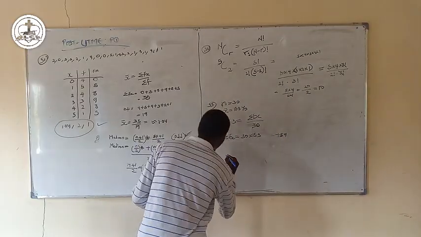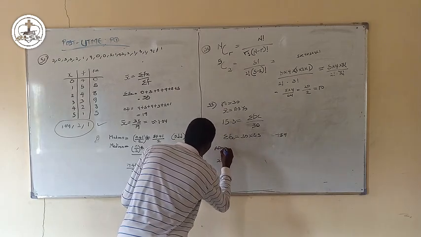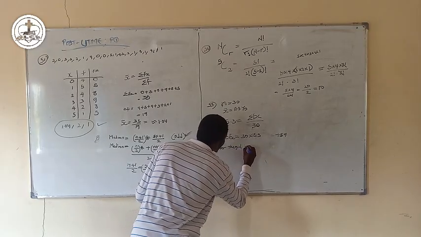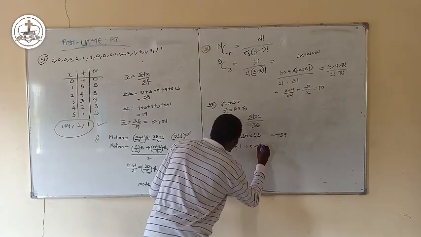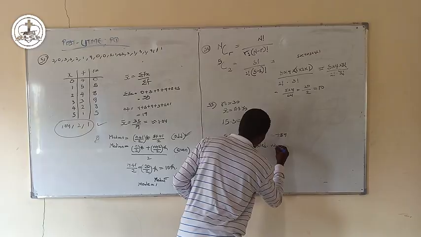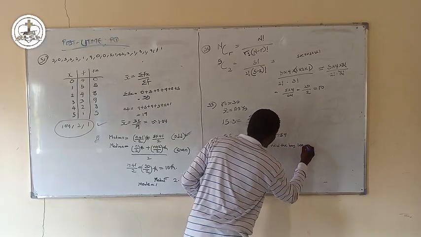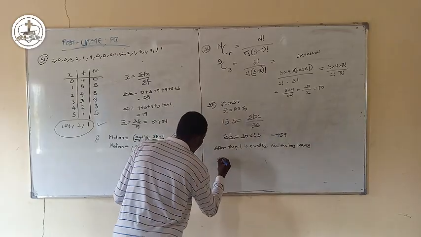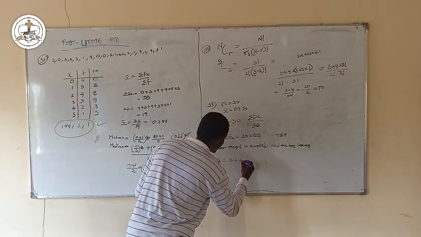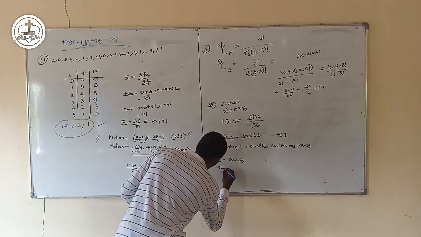So let us find the mean after the girl is enrolled and the boy leaves. Our mean changes from 15.3 to 15.2 years, and the total number is still 30.